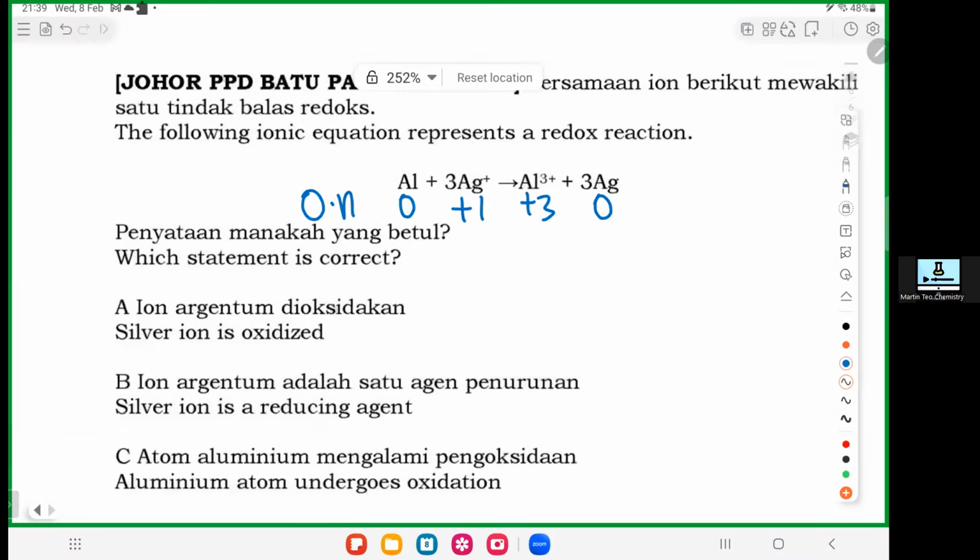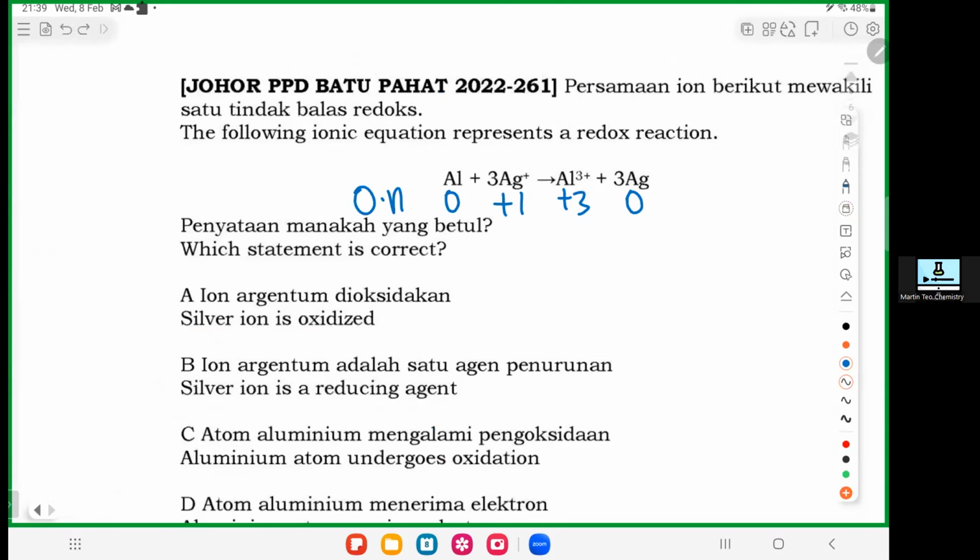So let's do it. Option A: silver ion is oxidized. Silver ion is what? Ag plus, because ion means it has a charge. When you do apple to apple comparison, Ag plus and Ag, +1 to 0, the oxidation number goes down, reduction. So they say oxidized, wrong. Answer B, silver ion is a reducing agent.